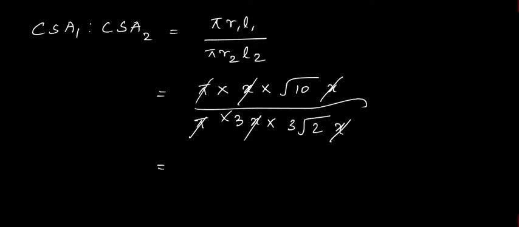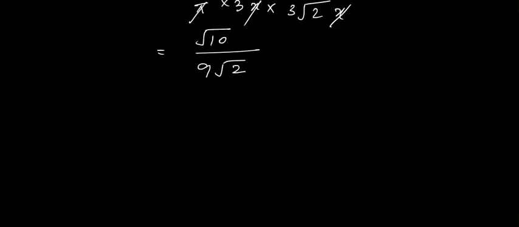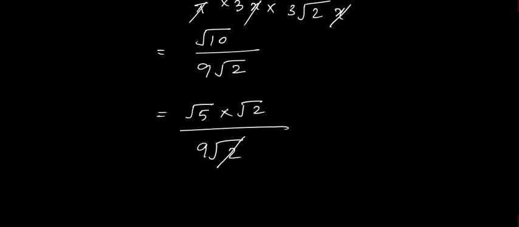So now we are left with root 10 divided by 3 into root 2. So that is nothing but 9 root 2. So root 10 can be written as root 5 into root 2 divided by 9 root 2. So root 2 and root 2 will get cancelled.